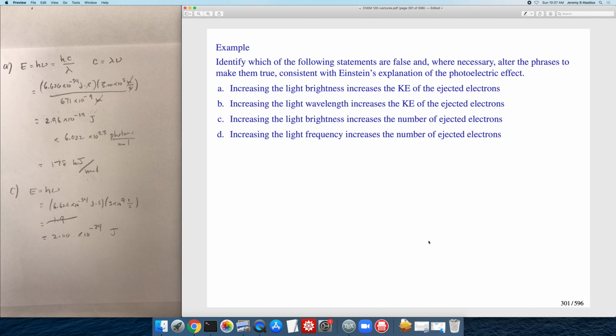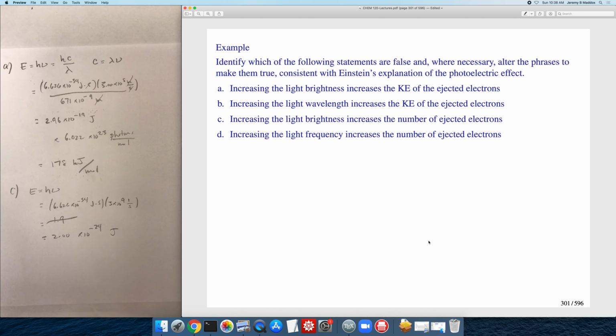Here we have some conceptual questions related to the photoelectric effect. Essentially, we want to evaluate these as true or false statements and then try to correct the statement if it's false. So statement A, increasing the brightness of light increases the kinetic energy of the ejected electrons.